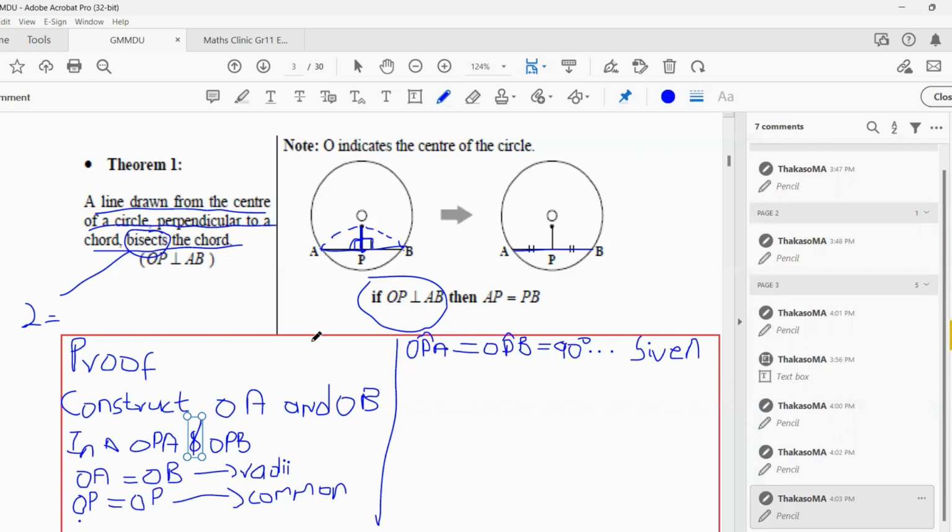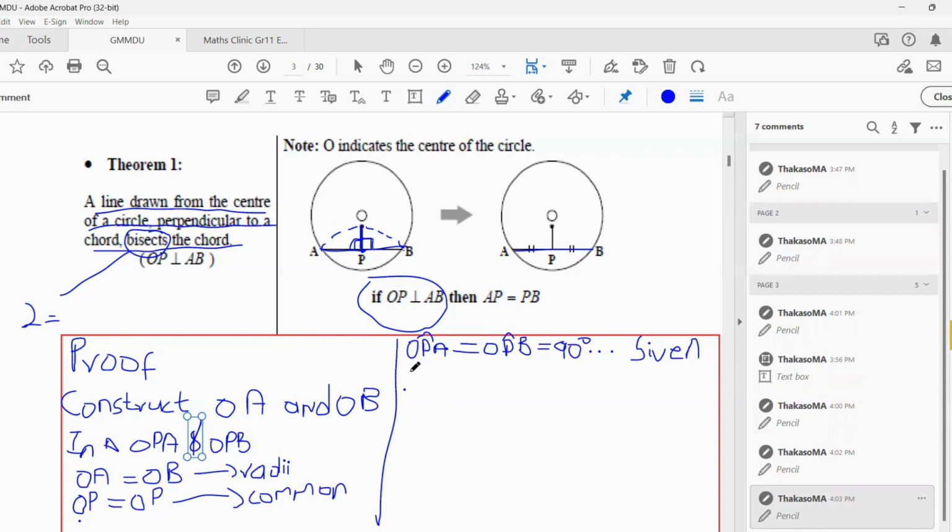So notice that we found two sides that are equal and two angles that are equal. And then we know from grade 10 that in a right angle triangle, if you can prove the hypotenuse side with another side, the right side, that are equal, then the two triangles are congruent.